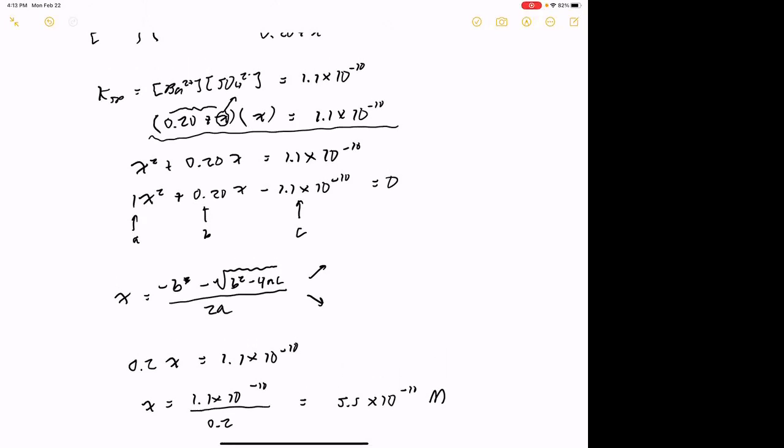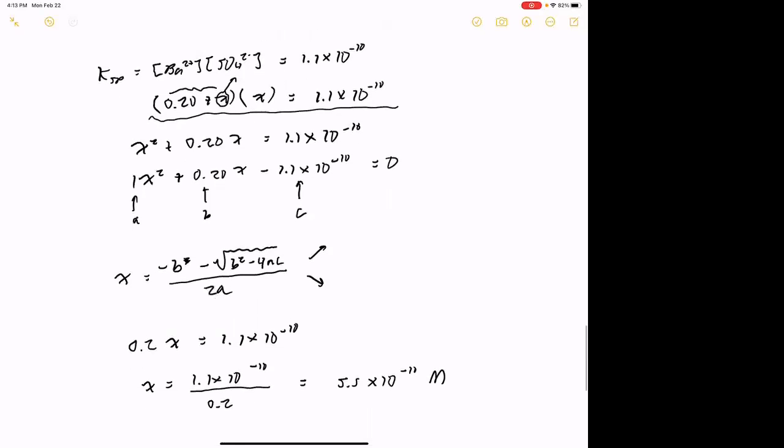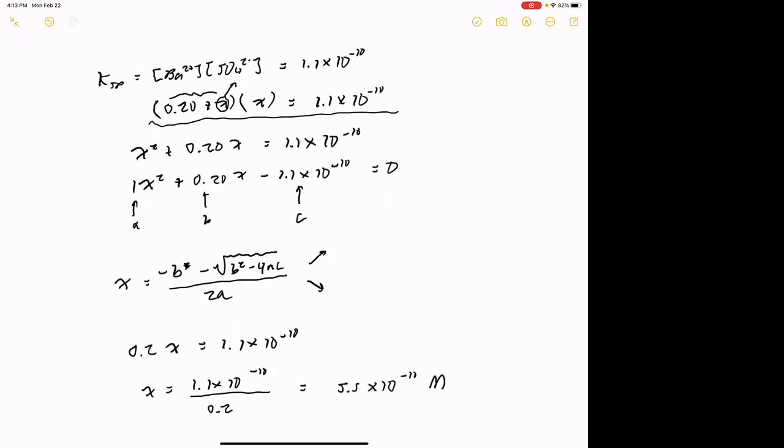That's insignificant to the point of not worrying about it, right? So as was brought up before, you're only good to the hundredths place there, and 5.5 times 10 to the minus 10th goes way, way, way out beyond the hundredths place. We're talking about billionths, trillionths, I don't know, somewhere way out there.